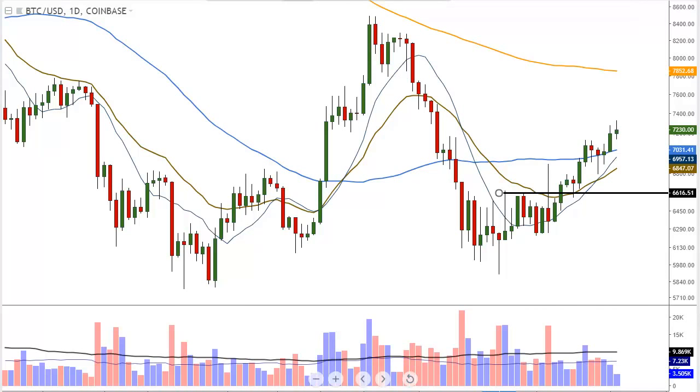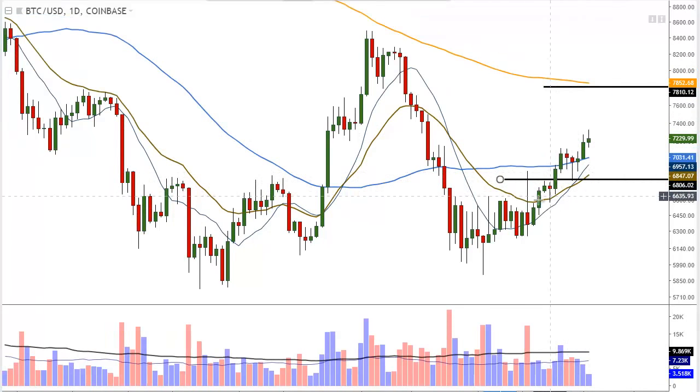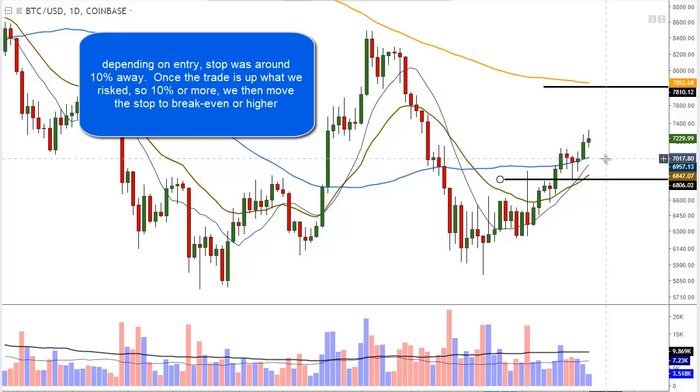And just a reminder that this is a short-term counter swing trade, so we don't want to overstay our welcome. We definitely do want to sell into strength if possible. And in terms of stop management, once the trade is up about 10 to 12%, we'll move our stop to break even, or potentially use the 10-day MA as a guide for an exit on weakness if we're unable to sell into strength.